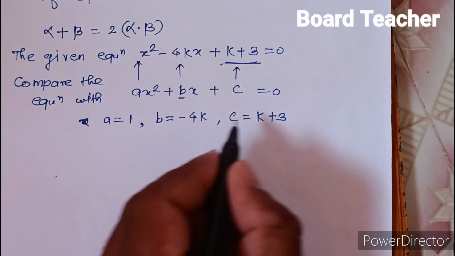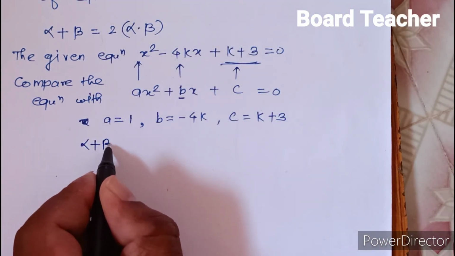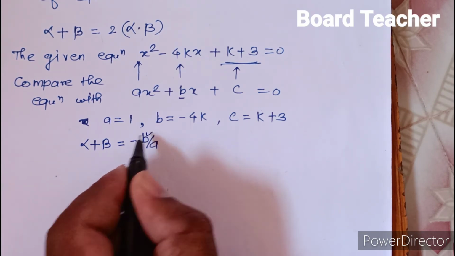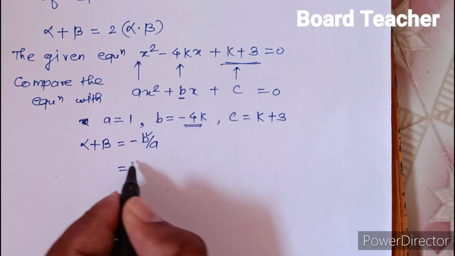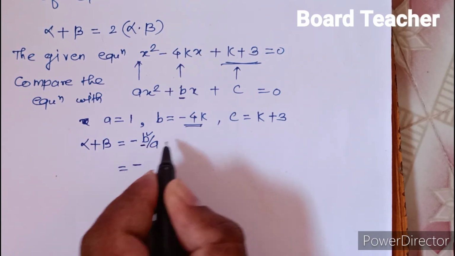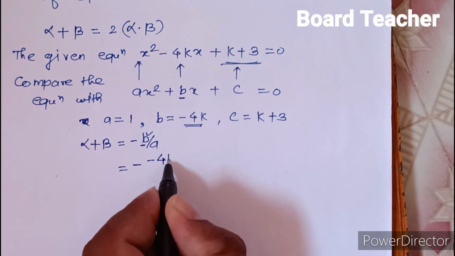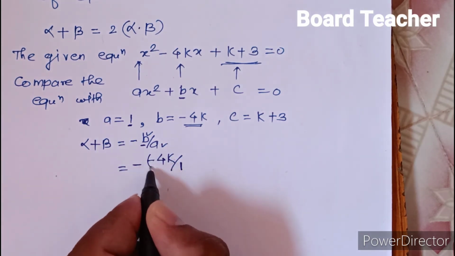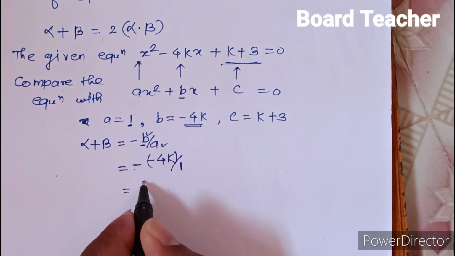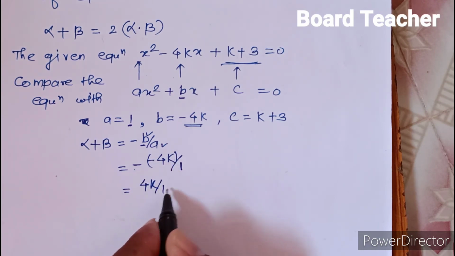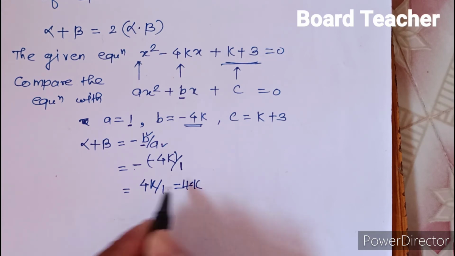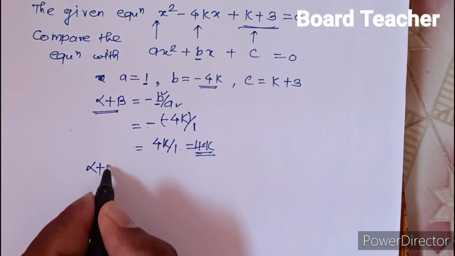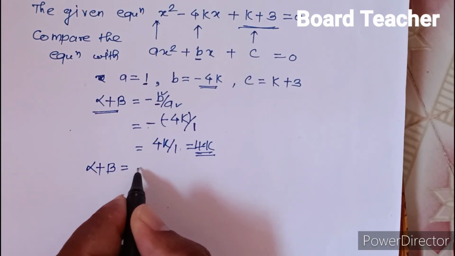By formula, alpha plus beta equals minus b by a. Here the value of b is minus 4k, so minus of minus 4k by a, the value of a is 1. Minus minus will be plus, 4k divided by 1 equals 4k. So alpha plus beta equals 4k.